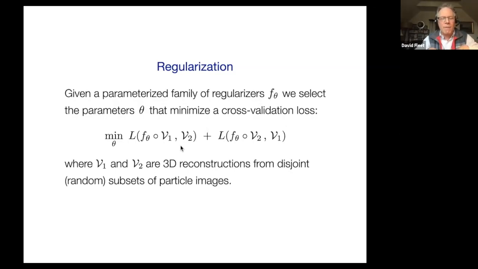So effectively, we break our data set into 2 pieces. We do 2 reconstructions, V1 and V2. And then we're looking to filter V1 so that it's as similar as possible to V2. And at the same time, we filter V2 and check to see how similar or consistent it is with V1. And by minimizing this cross-validation loss, we solve for the parameters of our regularizing filter.